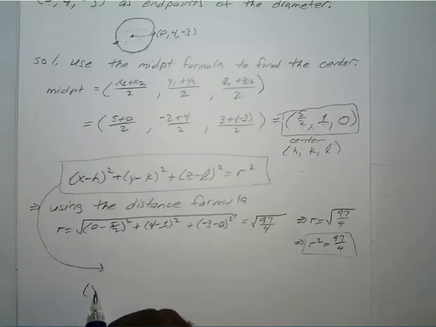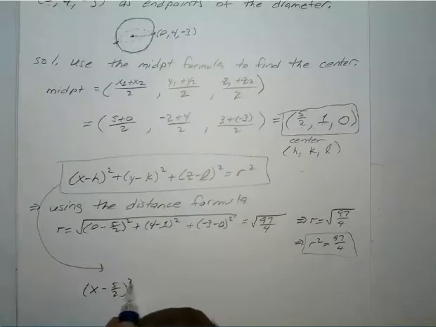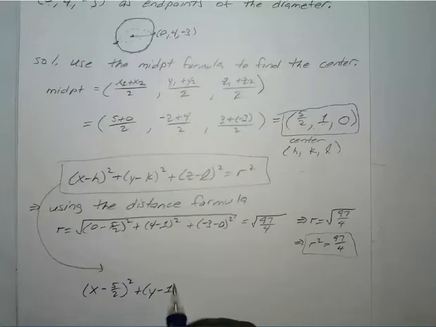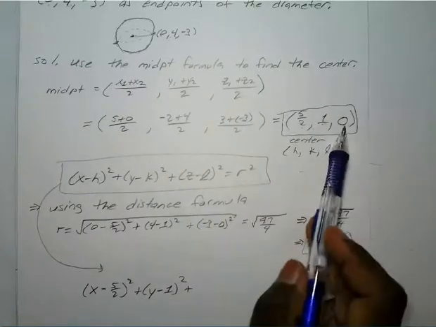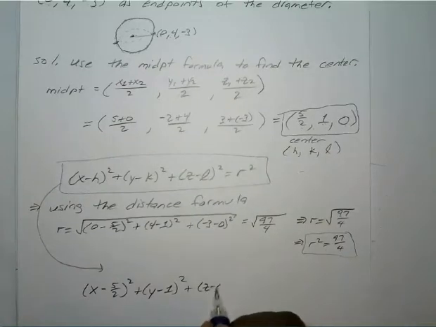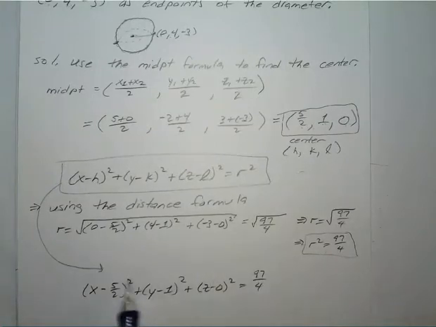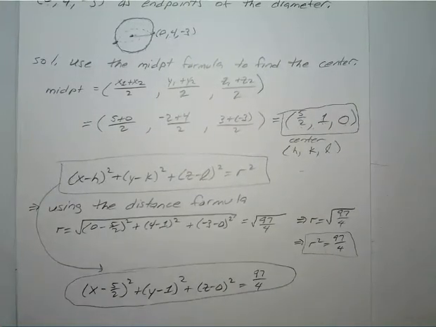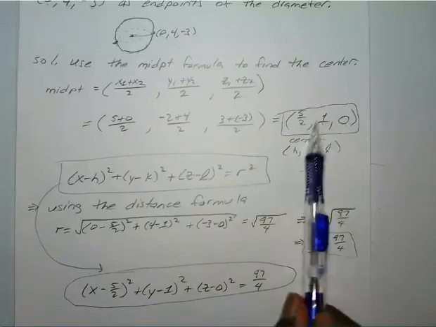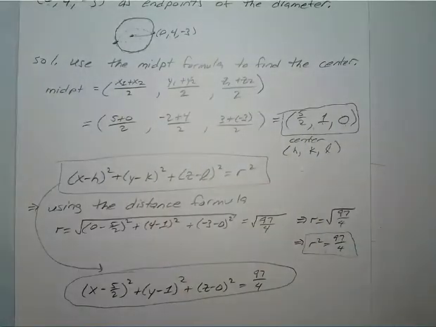So we have x minus h, so x minus 5/2 squared, plus y minus k, y minus 1 squared, plus z minus l, so z minus 0 squared, equals r squared, which is 97/4. So that's your standard equation of a sphere with those 2 points after you find your center.